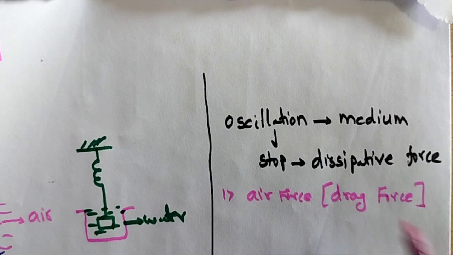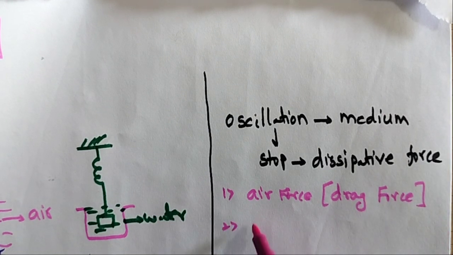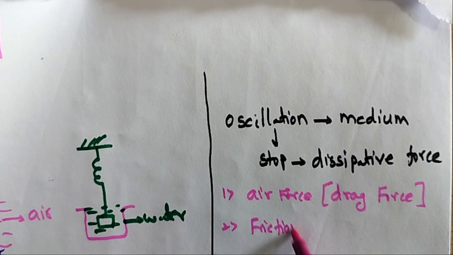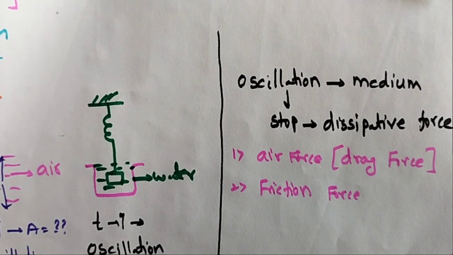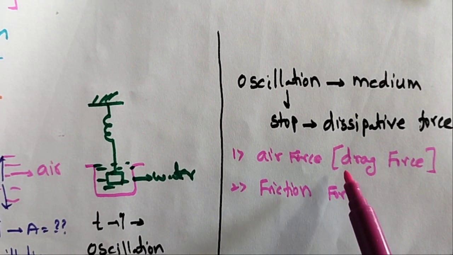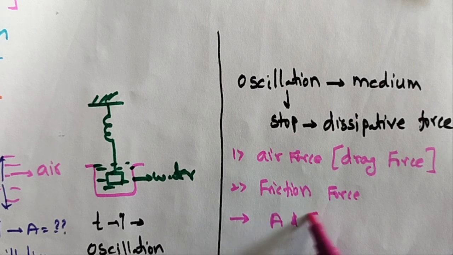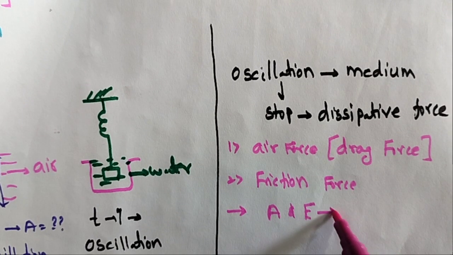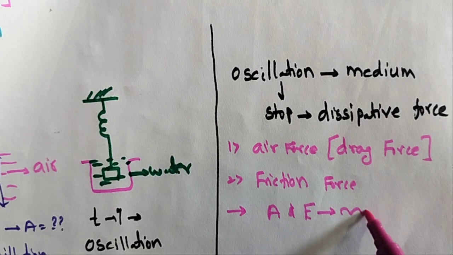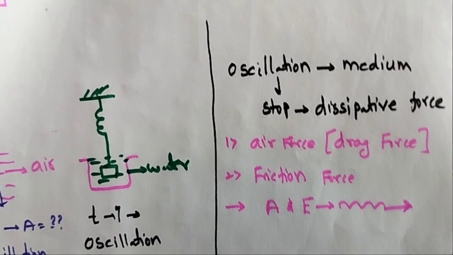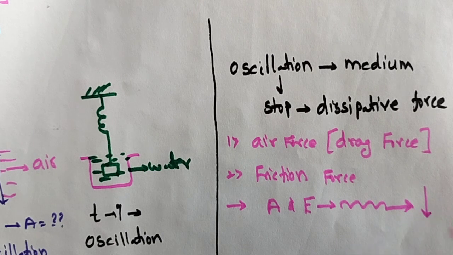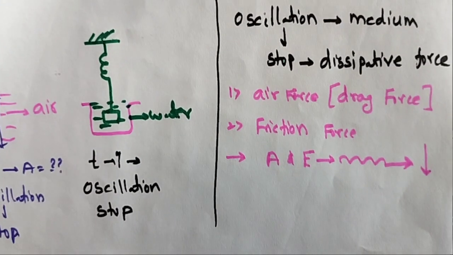The second is the friction force, which also acts between the metal bob and the air. Due to these forces, the amplitude and energy are both dissipated continuously, that is, they decrease. This type of motion is called damped harmonic oscillation.